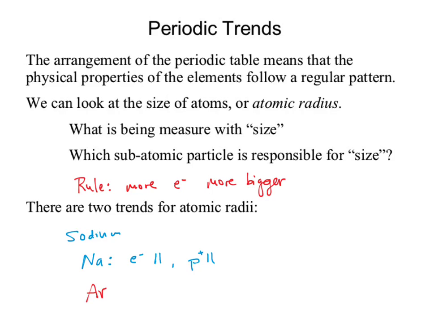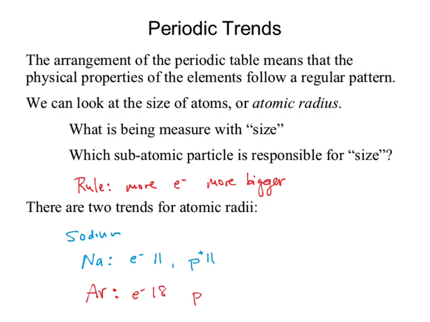So let's go ahead and move to the next one. Argon. What can you tell me about neutral argon? Do the number of electrons change? 11 to 18? Yeah. That's why we said argon was bigger, but we were wrong. What else changes? Do the protons change?